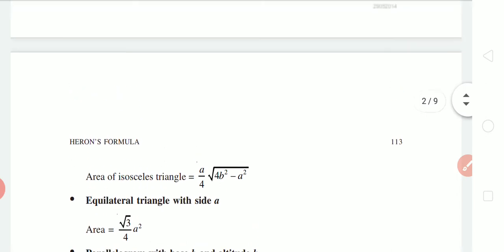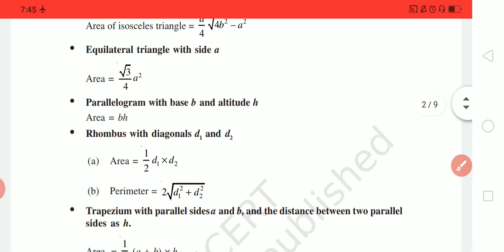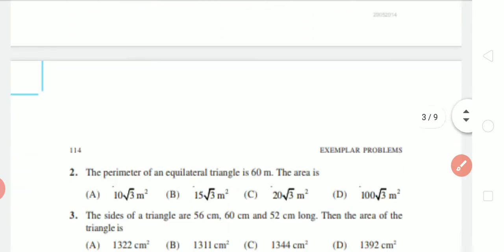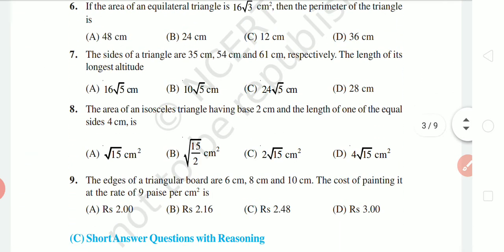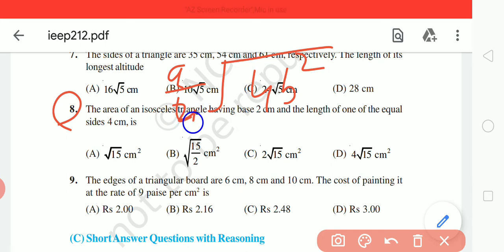This is a by 4 into under the root 4b square minus a square, where a is the base and b are the equal sides. So apply this formula for question number 8. This is quite a lengthy one.